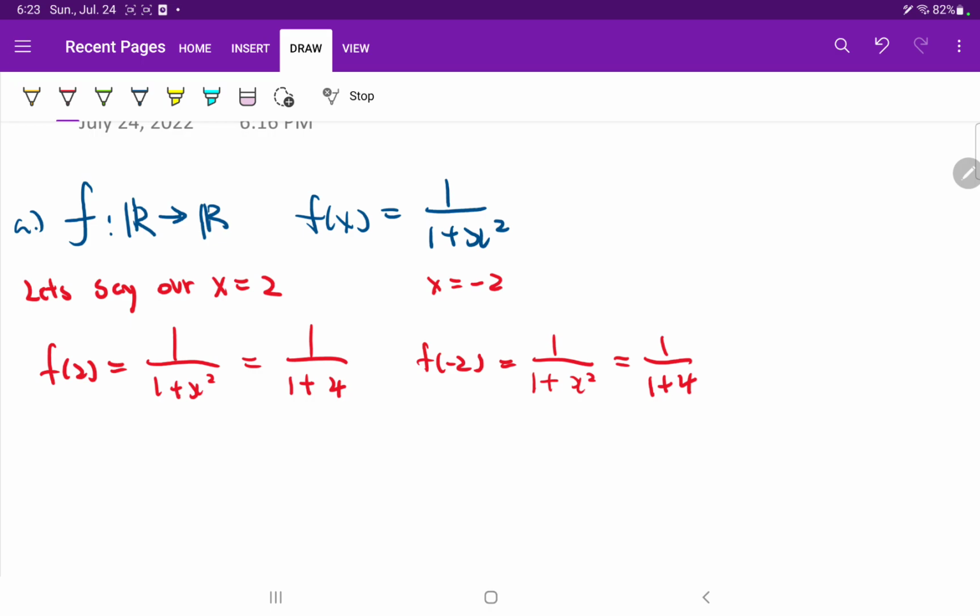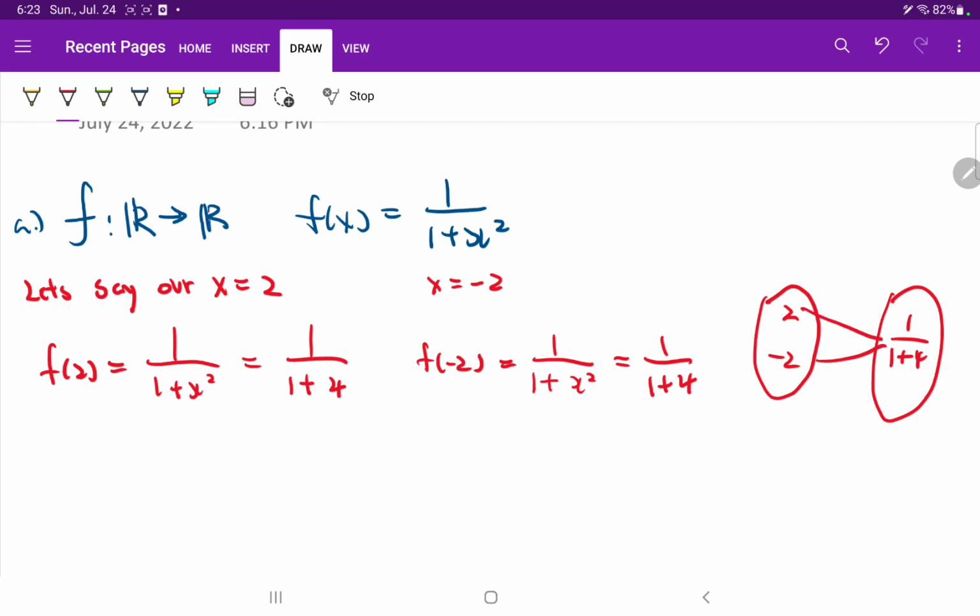Although we have the same output, we have different input values giving the same output, and that violates our definition of an injective function. If I were to draw it the old way, it would say that 2 and negative 2 both connect to 1 over 1 plus 4.